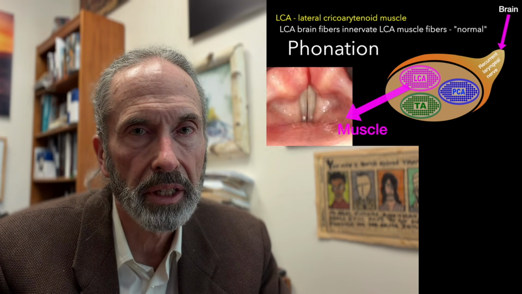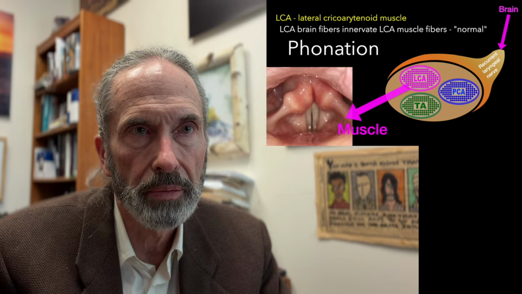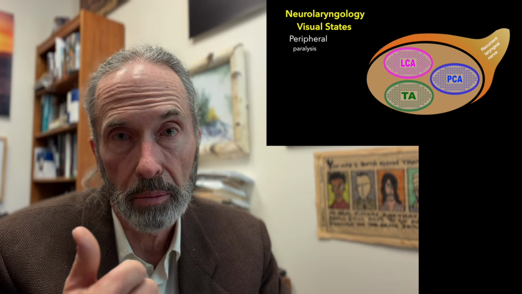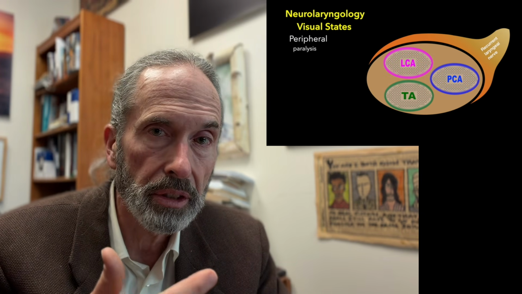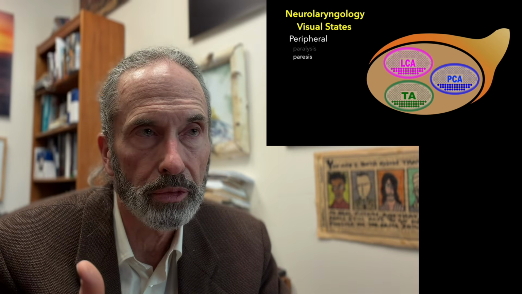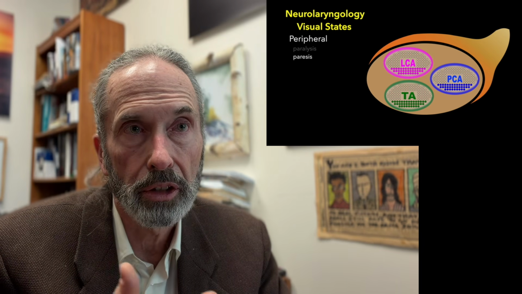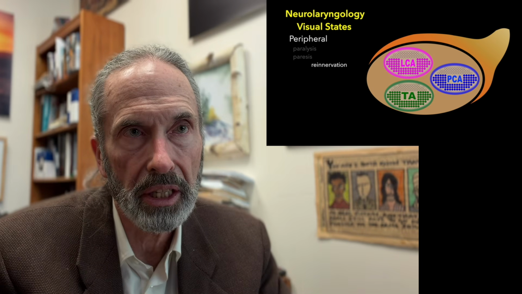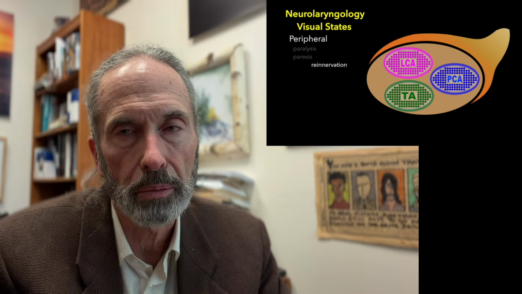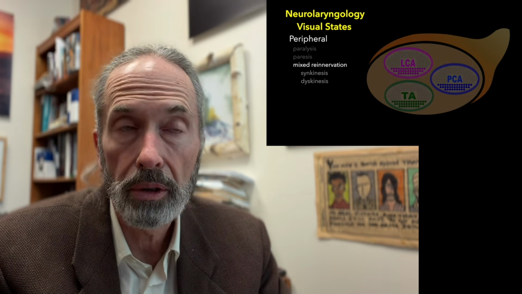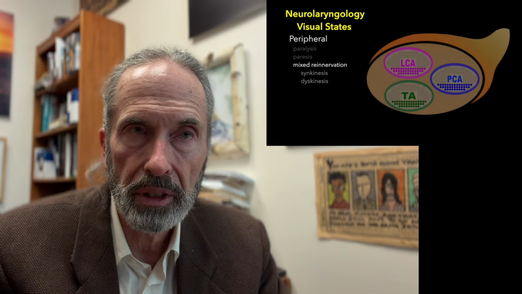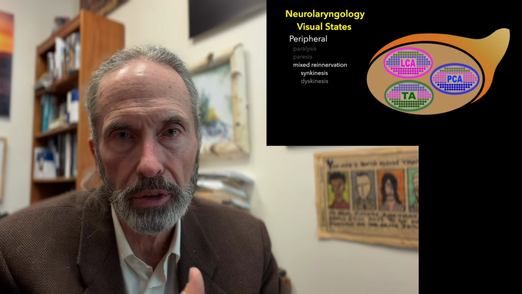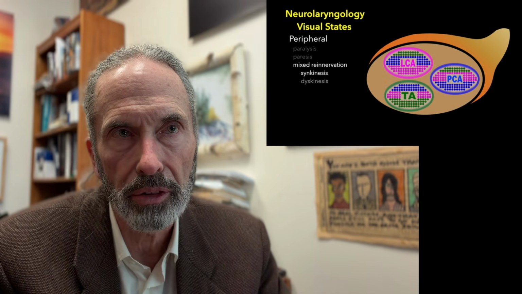And we can imagine that this can get injured, it can get cut, paralysis, it can be pressure, paresis, some sort of degree of partial. It could be that over time it reinnervates, and depending on when we see it in time, it could go back to completely normal. Or the reinnervation could be somehow disordered with crossover between abductor and adductor muscles.